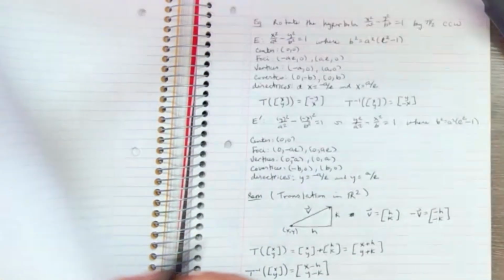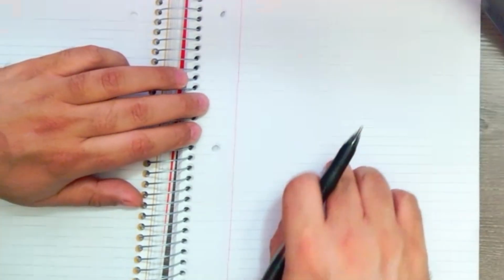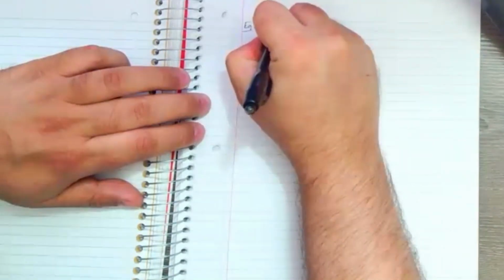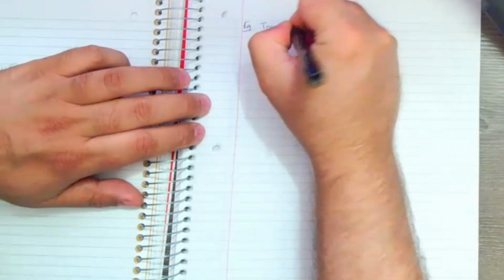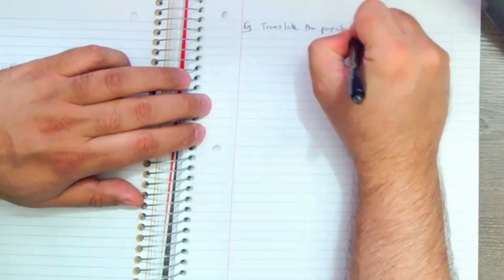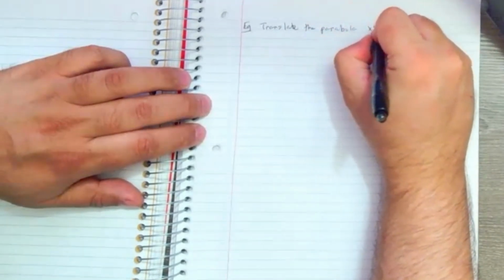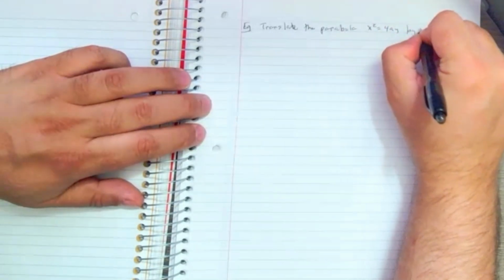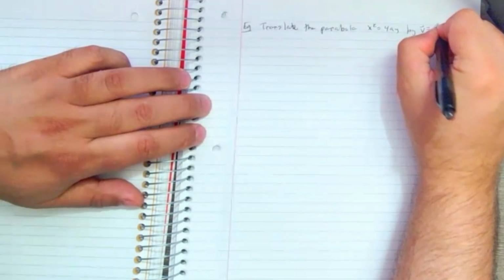So let's look at an example. So let's translate the parabola x squared is equal to 4ay by the vector hk.